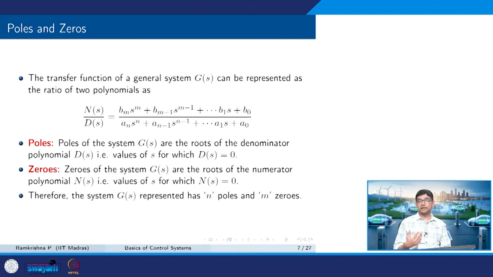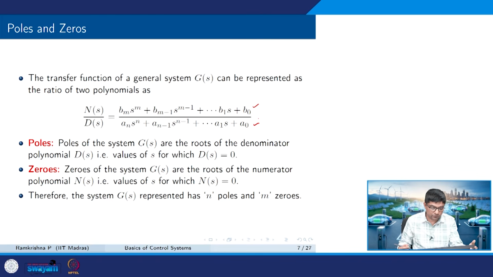I have represented the system in the form of a transfer function. So, the question that I will ask here is, can I look at the system representation, the system transfer function, and just mathematically evaluate if the system is stable or not. Okay. So, what does the transfer function do? The transfer function is a ratio of two polynomials, a numerator and a denominator.